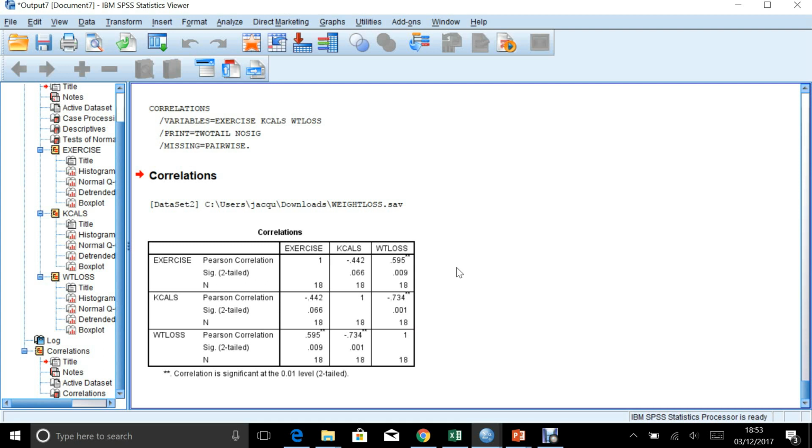So we can comment on that and say, yes, there were two significant correlations. However, the hypothesis couldn't be supported fully because one of those correlations was not significant, and that's exercise and food intake.